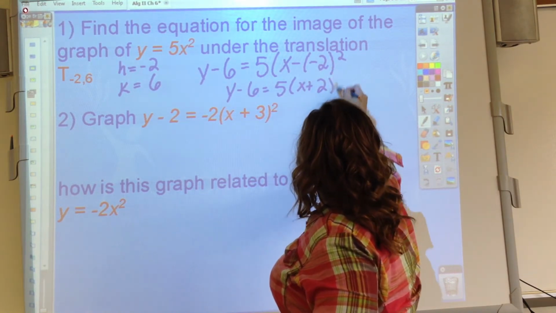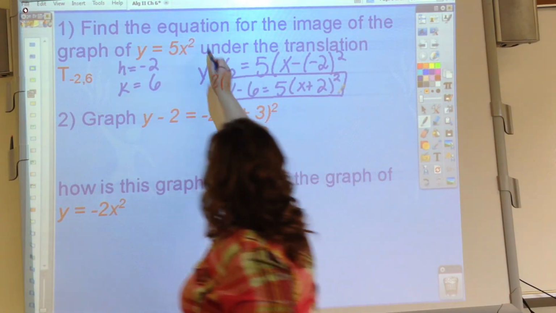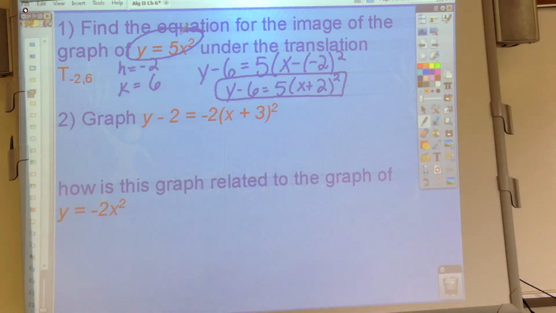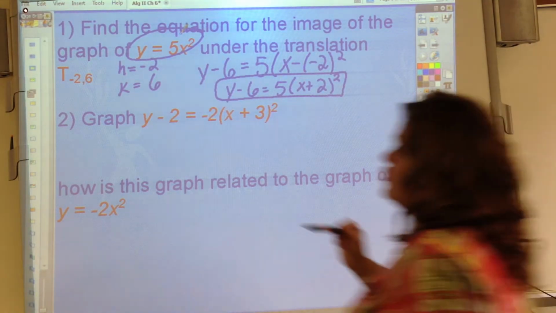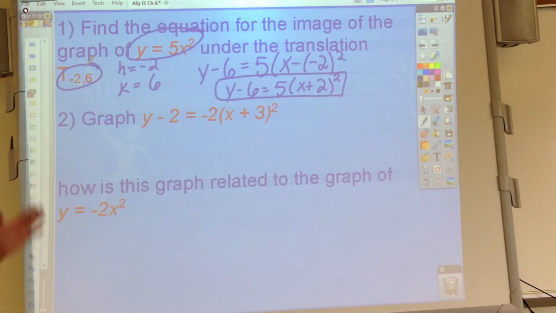And this equation right here has the exact same shape as this one. It's just been moved. In the original 5x squared, your origin is at 0, 0. Now, your origin should be at -2, 6.